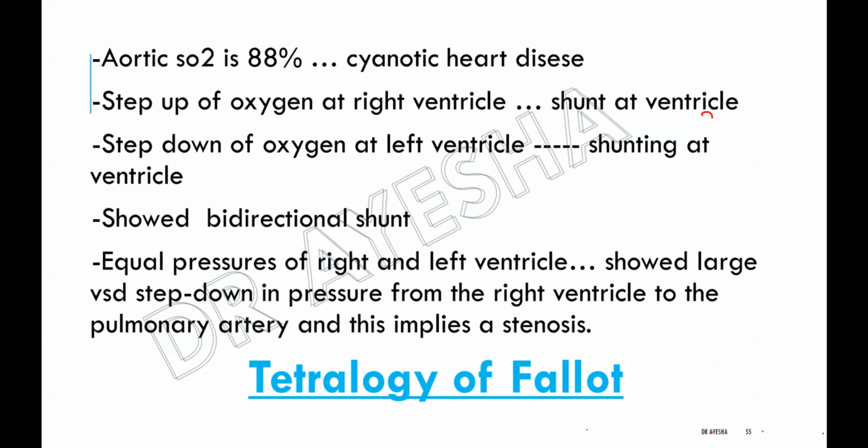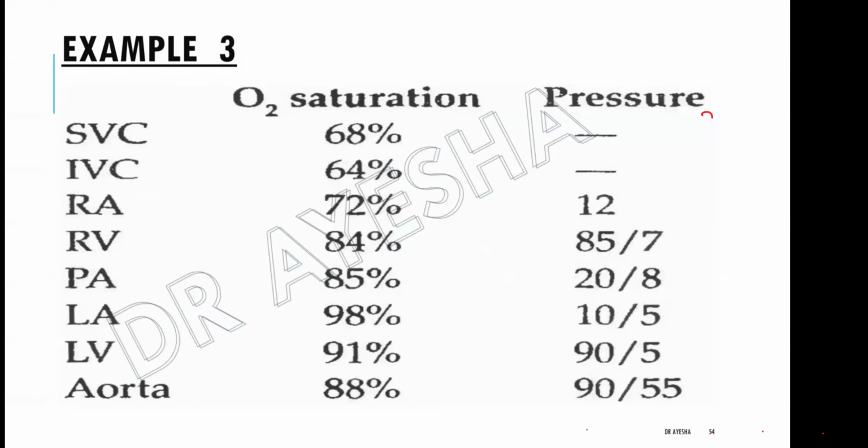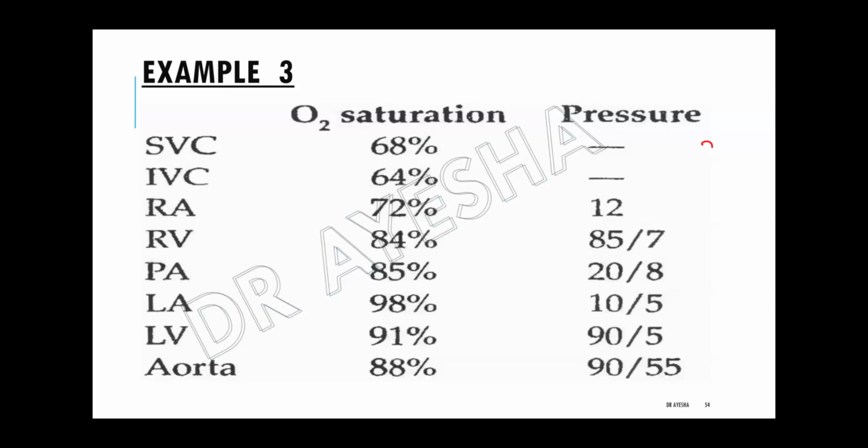There was an increase in saturation at the right ventricle, so that means there is a shunt at the ventricular level, because you can see the step up of oxygen in the right ventricle. You can see over here, Tabinda, that right ventricular saturation is increased. That means blood comes from the left ventricle to the right ventricle. Agree? Blood comes from the left ventricle to the right ventricle.